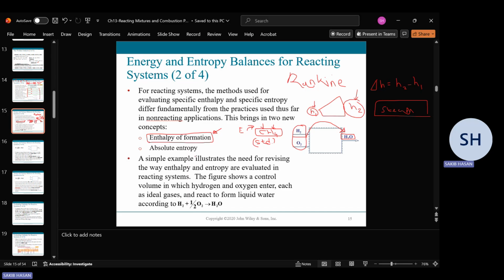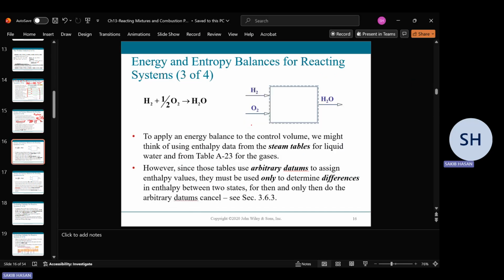Okay. And now we will look at another problem that arises when we're using things like steam tables. The thing is, with the steam table, the datum or the zero value for enthalpy and entropy were all set at an arbitrary point. Okay?